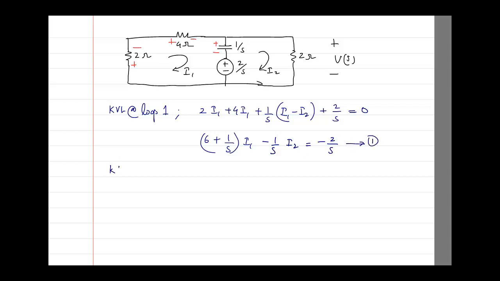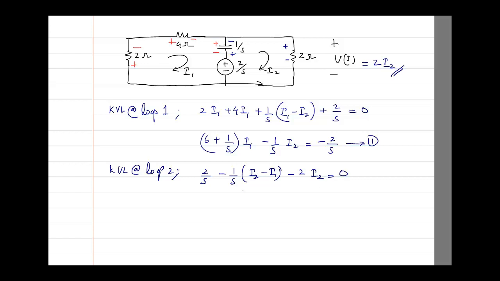And similarly, KVL at loop 2 will give me, so if I am going to draw this as plus, this as minus, this as plus, this as minus, and then going for front of the element, I will get 2 by S minus 1 by S into I2 minus I1, and then minus 2 times I2. Remember, V of S is going to be 2 times I2. So I need to find out I2.